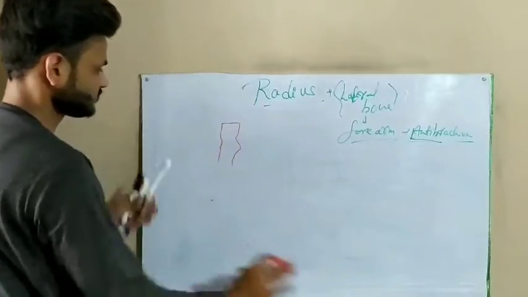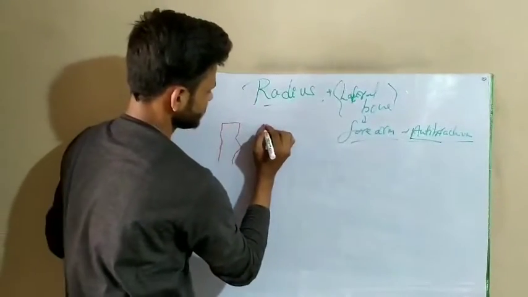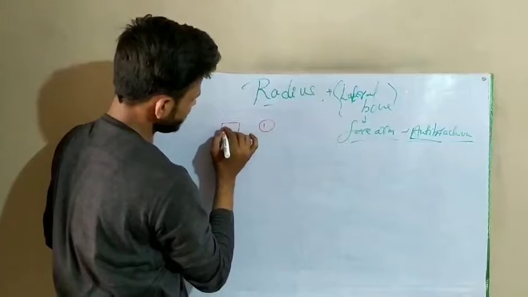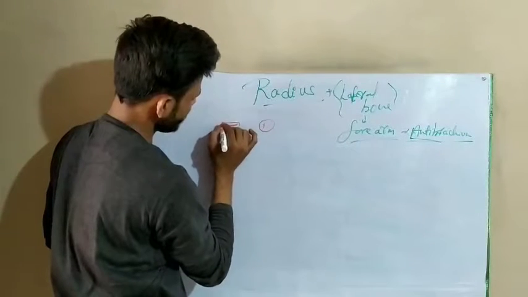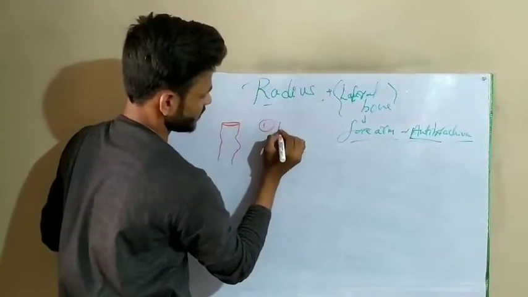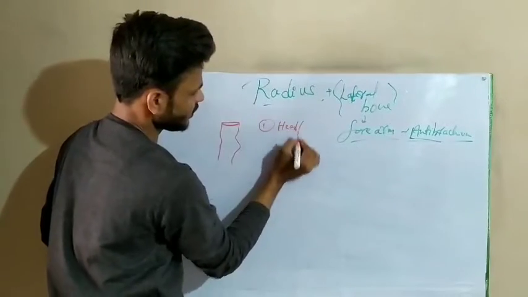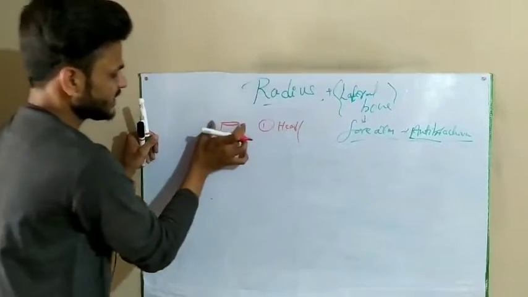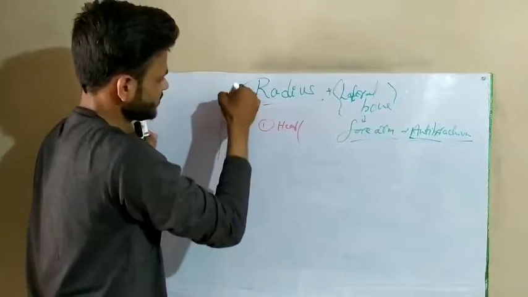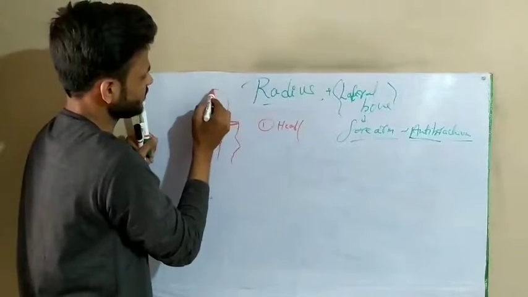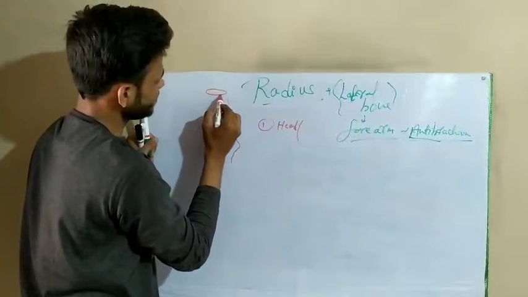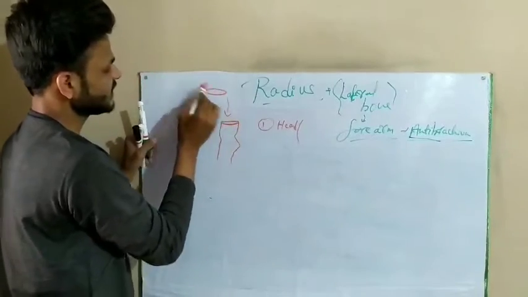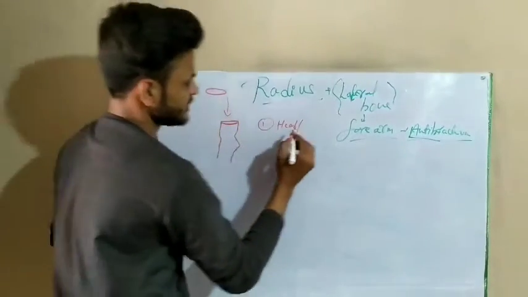The upper end has number 1, the head of the radius. The head of the radius is like a disc. If we see the superior side, the head looks like this, a disc-like shape.